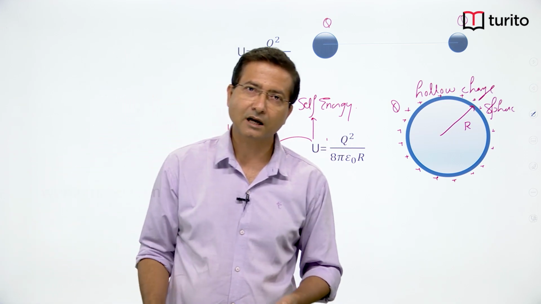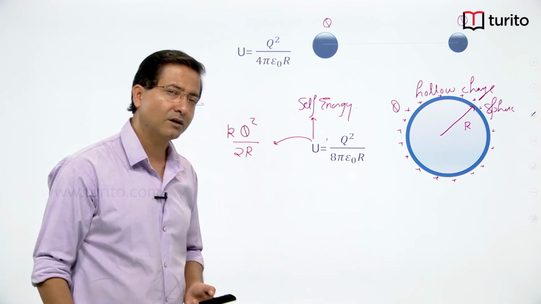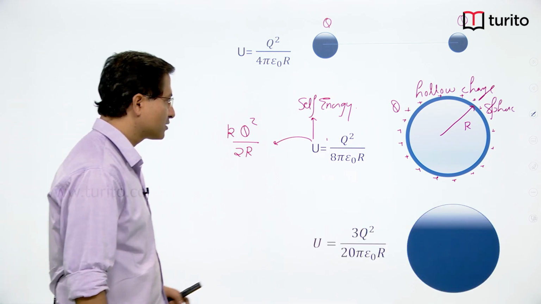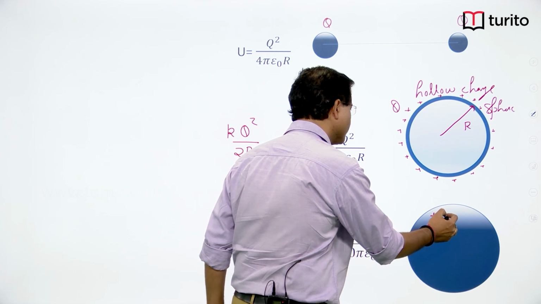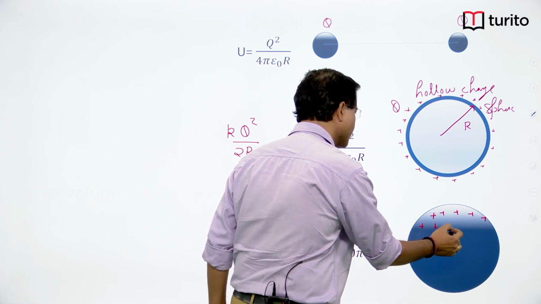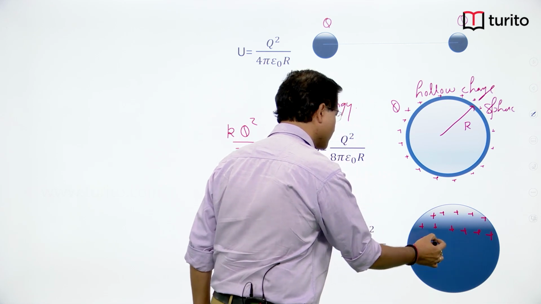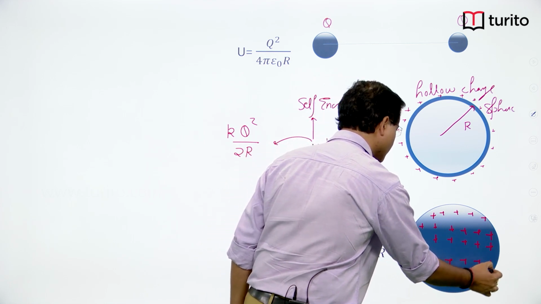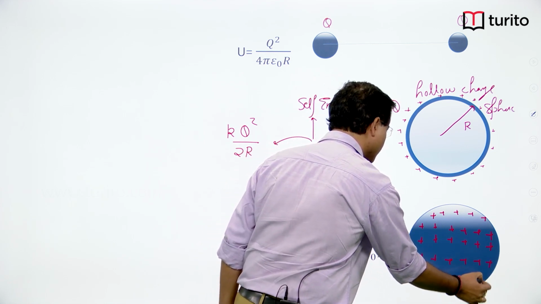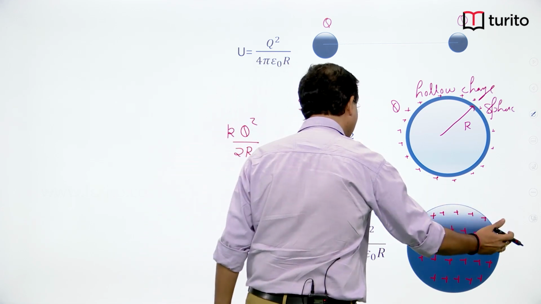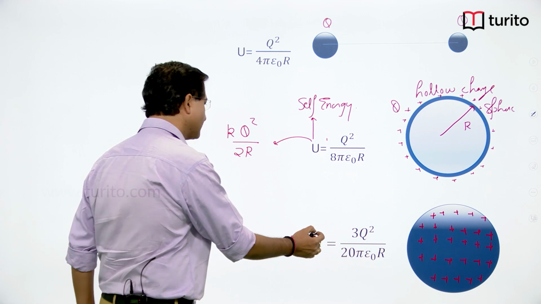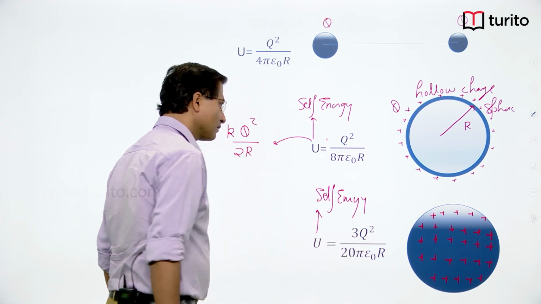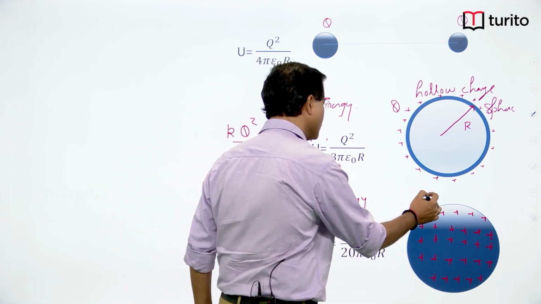Similarly, we calculated the self energy of a solid sphere, where charge was distributed over volume uniformly, right. So, for volume charge distribution, charge was distributed over volume and we got this as self energy. This is for a solid sphere.